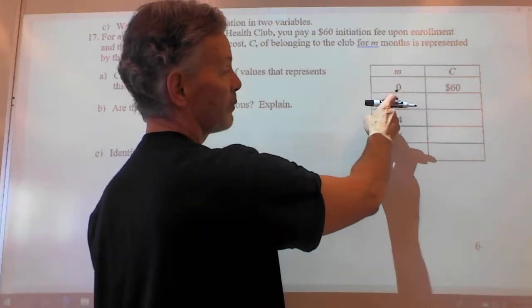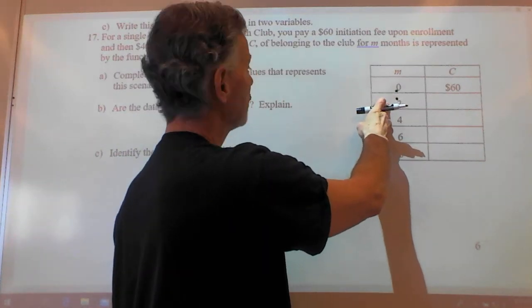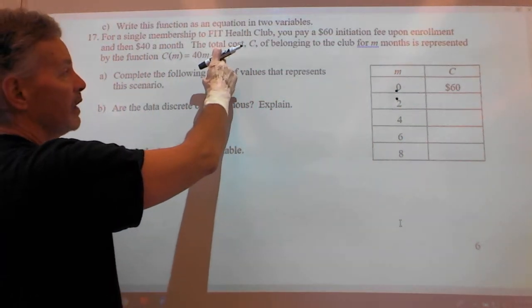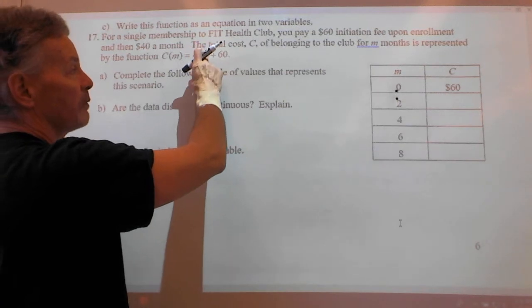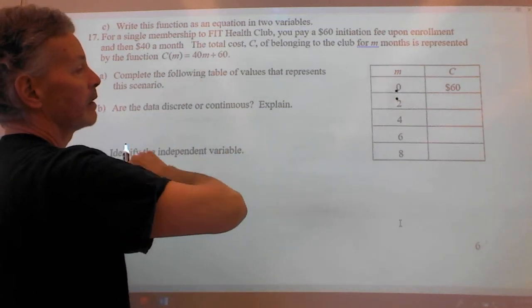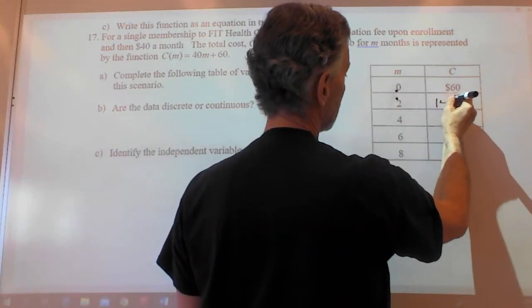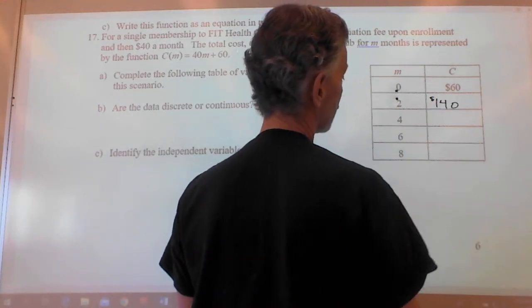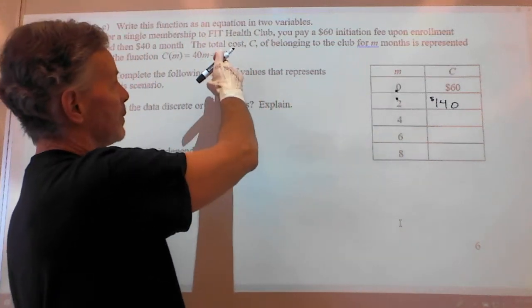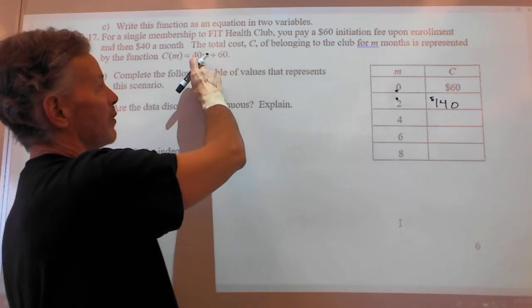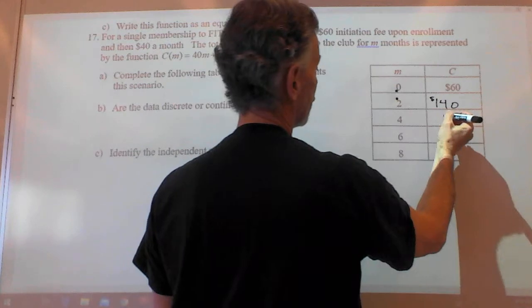If you have it for 2 months, that's going to be 60 plus 40 times 2, right? Or 80 plus 60 is $140. If it's 4 months, that becomes 60 plus 40 times 4, 220.